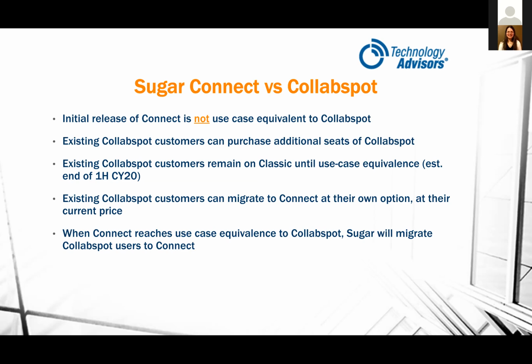And they're going to continue allowing Collabspot users to do this until there is a use case equivalence, until Sugar Connect can do everything that Collabspot can do, which is estimated to happen sometime early this year. If a Collabspot customer wants to migrate to Connect, they can do that and keep their current price. And then eventually they will be forced to do it once they are the same.